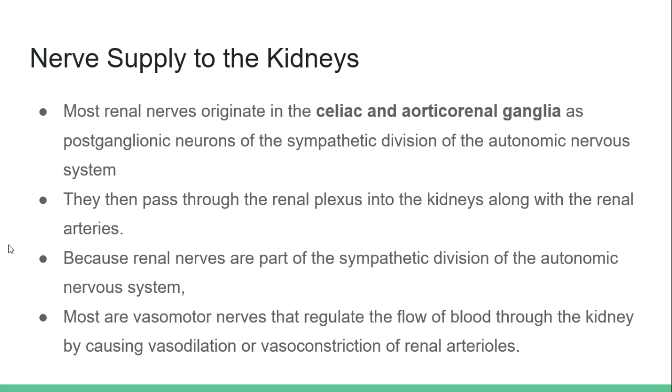Because renal nerves are part of the sympathetic division of the autonomic nervous system, most are vasomotor nerves that regulate the flow of blood through the kidney by causing vasodilation or vasoconstriction of the renal arterioles.